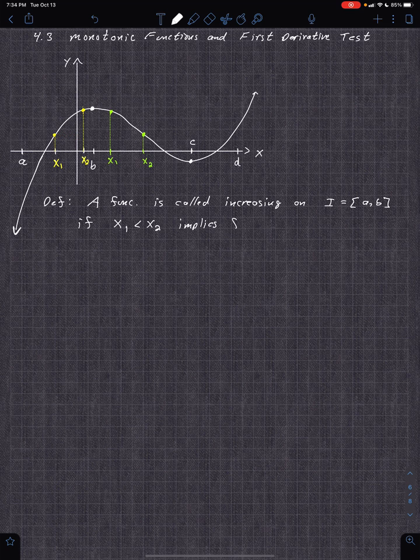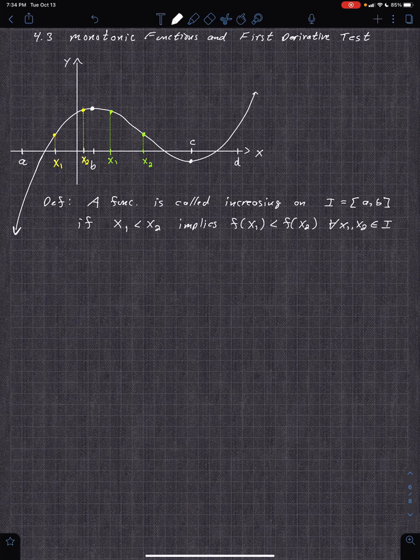That implies f of x1 is less than f of x2. And that's true for all x1 and x2 in the interval I. The interval could be from negative infinity, but let's just pick a to b. From a to b, the function is increasing.